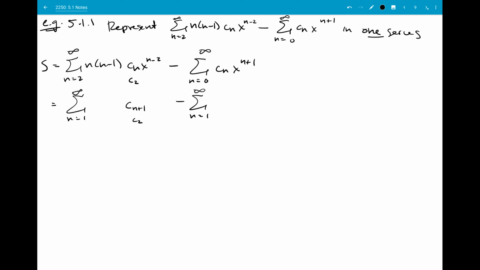Similarly, if I started from n equals 2, I would have had x to the 2 minus 2, which is 0, for my first term. If I'm going to plug in n equals 1 to start, my x is going to have to be to the power n minus 1. Now when I plug in n equals 1, x to the 1 minus 1 gives me 0, so they'll stay the same.